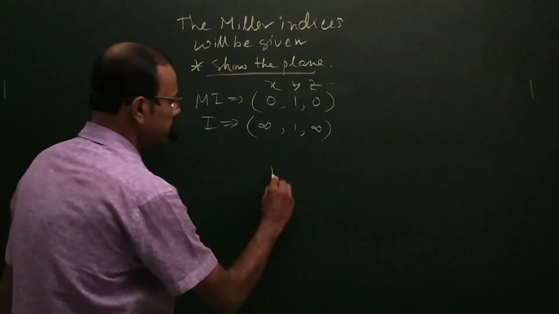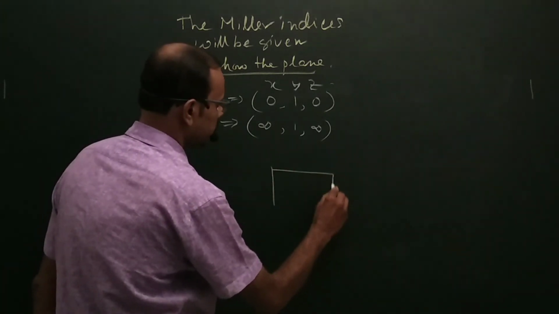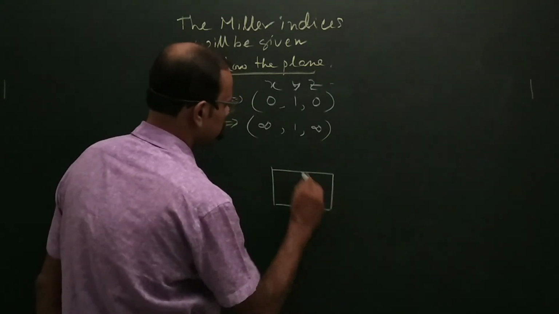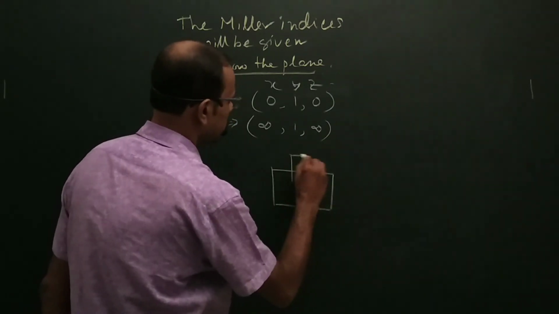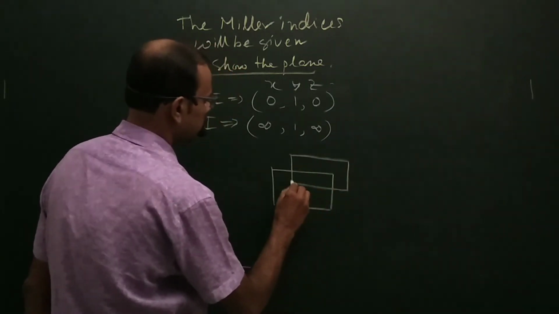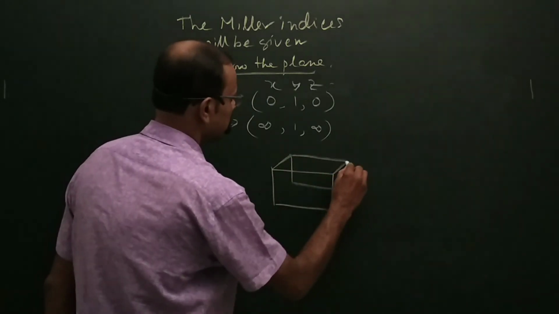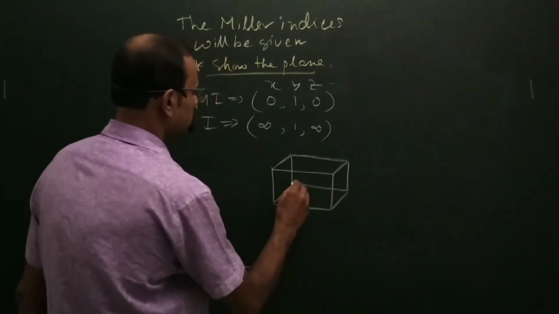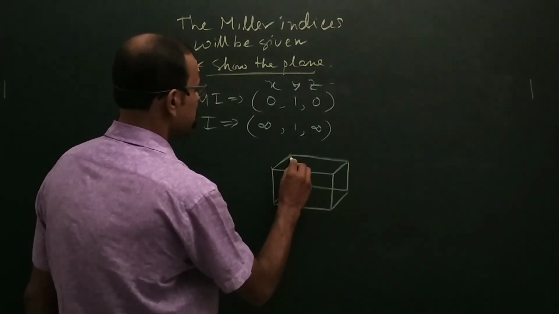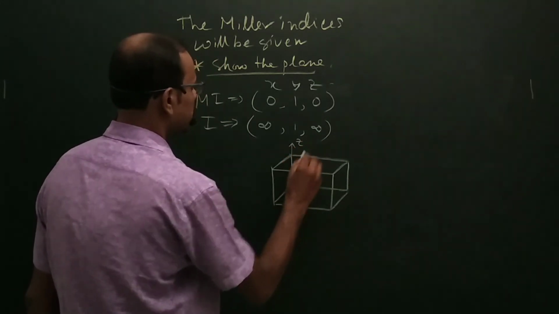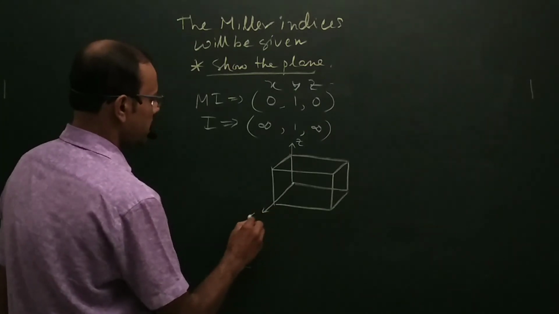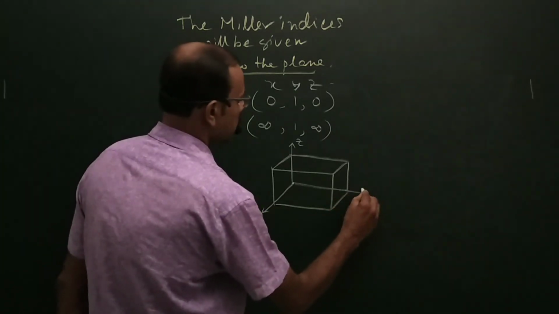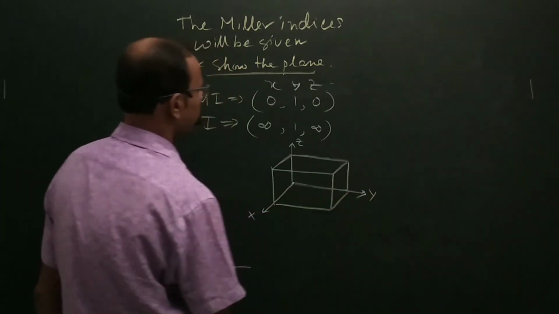So I am drawing the cube here. I am taking this as z, this as x, and this axis as y.